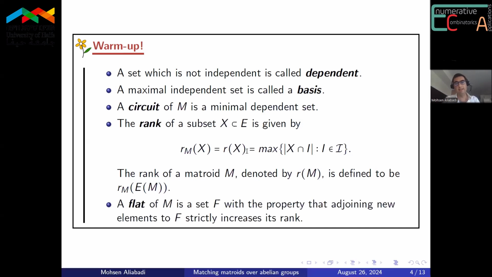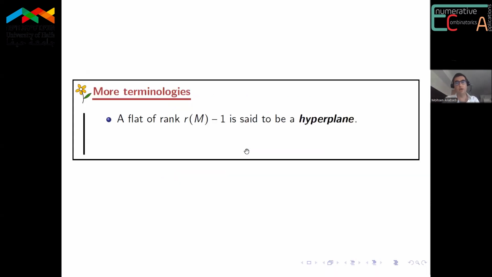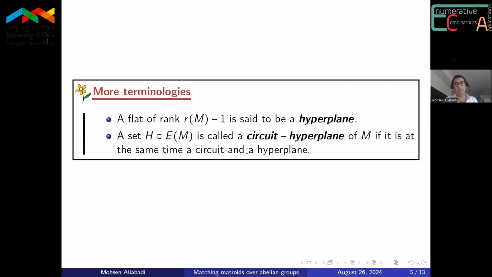And a flat is a subset with the property that adding any element to the set F will strictly increase its rank. And also, a flat of rank one less than the rank of the matroid we call a hyperplane. And naturally, a circuit hyperplane would be a subset which is a circuit and a hyperplane simultaneously.